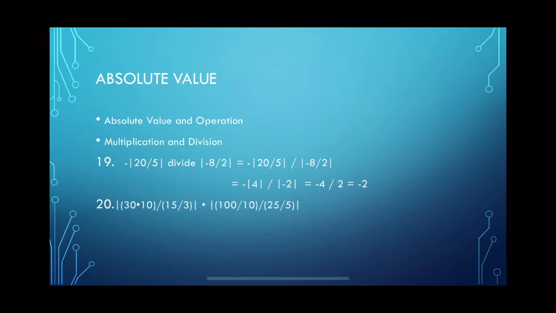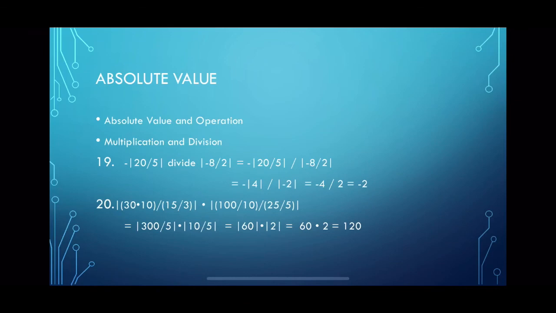Number 20. Find the absolute value of open parenthesis 30 multiplied by 10 close parenthesis over open parenthesis 15 over 3 close parenthesis, multiplied by the absolute value of open parenthesis 100 over 10 close parenthesis over open parenthesis 25 over 5 close parenthesis.